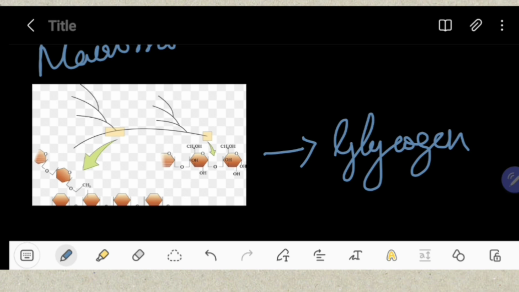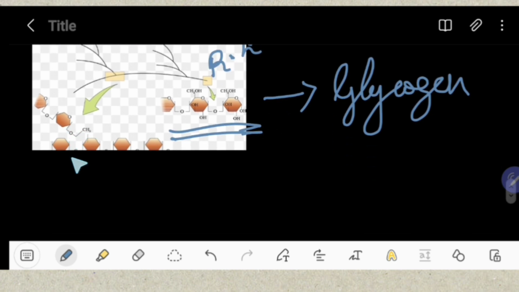In this, the right end is called the reducing end. This is the right end, isn't it? So this right end is known as the reducing end, and this left end is what you call the non-reducing end, NRE.